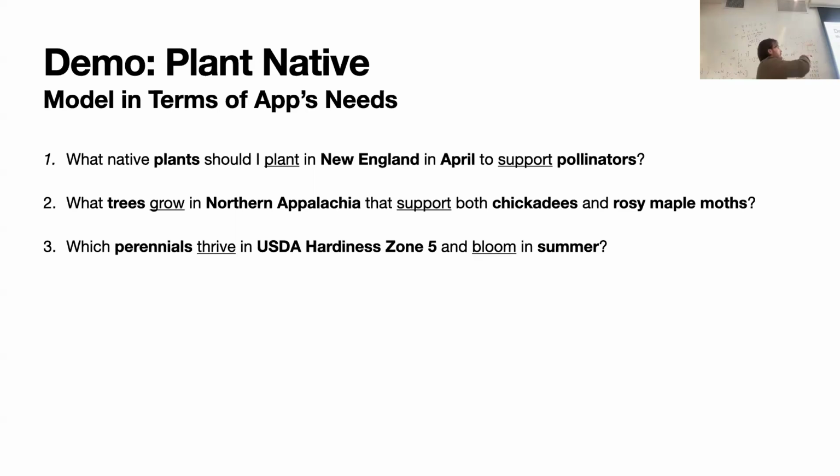And so we have plants, we have New England, a location, we have April, which is just some point in time, and then we have the actual verbs plant and support. Again, you can read through these, and then start creatively thinking what kind of nodes should be in my database, and what kind of relationships connect those nodes.